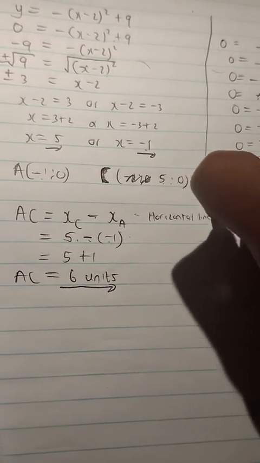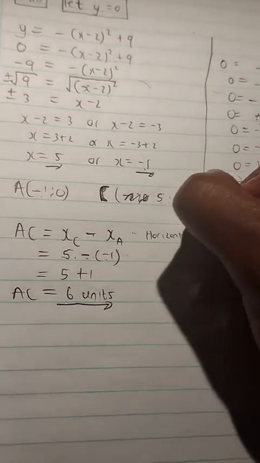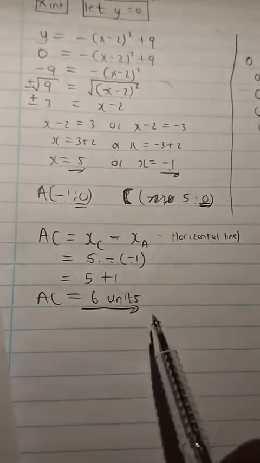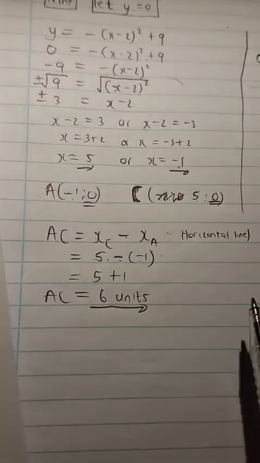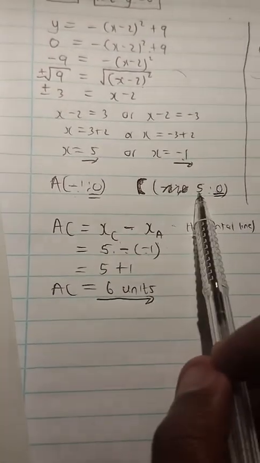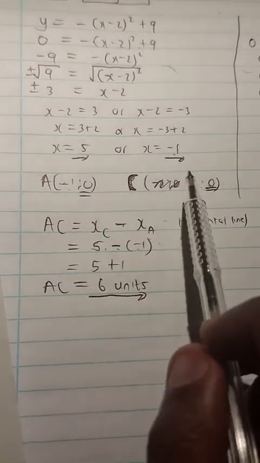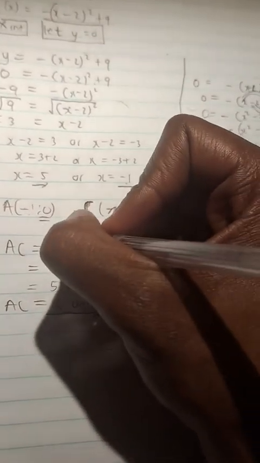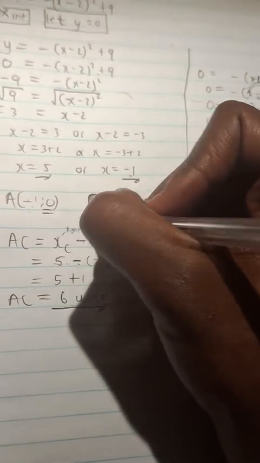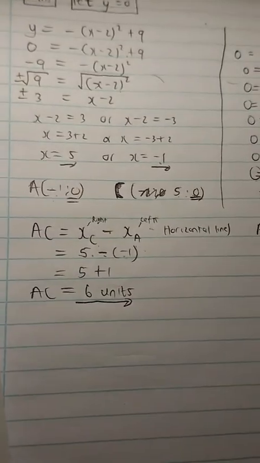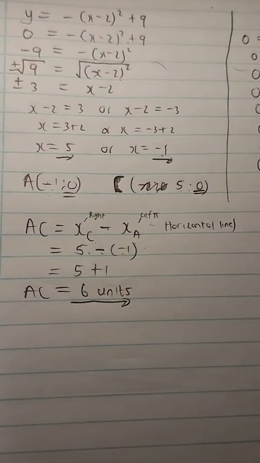How do you know a line is horizontal? It's when the y coordinates are the same for 2 points. Then you know that this is a horizontal line. And you can simply find the distance between those 2 points by simply taking the x coordinate on the right, minus the x coordinate on the left. Does that make sense, guys?